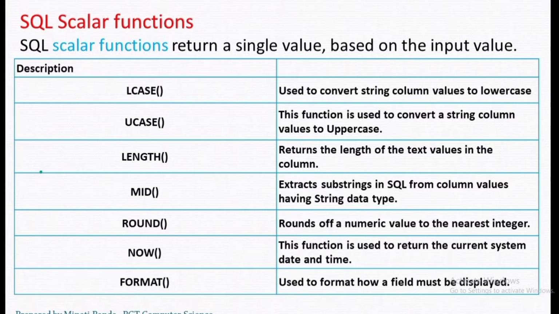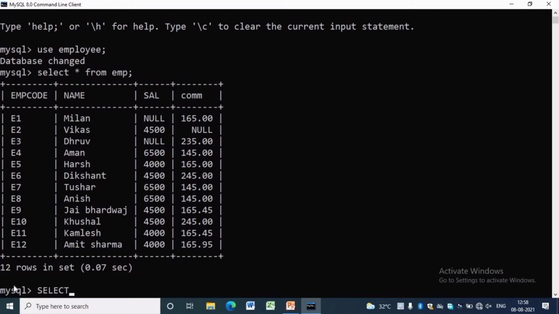Now we'll see practically how scalar functions work. First we are opening the employee database. To see all the data available in the EMP table, we have to write select star from EMP. Select name, LCase(name) from EMP will give the name as well as the lowercase of the name.